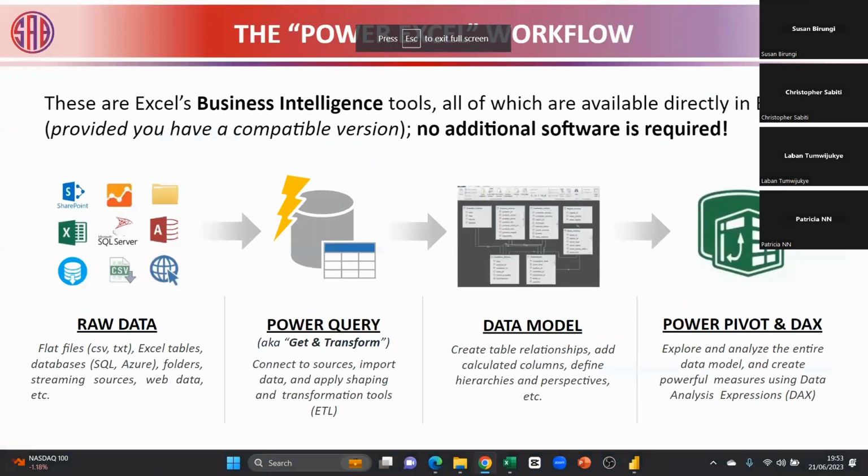When we started, I told you that the Excel business intelligence tools are all available directly in Excel. We picked raw data, we used CSV and Excel, we used even folders. We have done that. We did the power querying, we did the transformation of data, which I once said is called ETL, that is extraction, transformation, and loading.